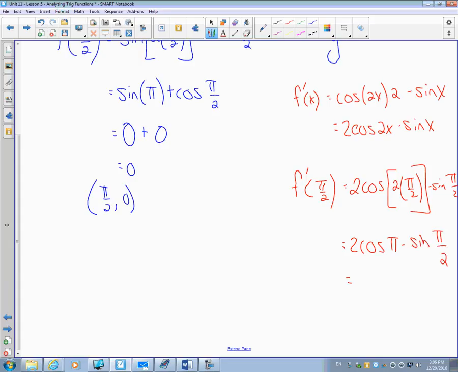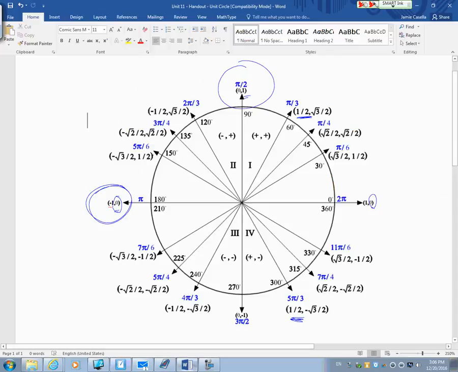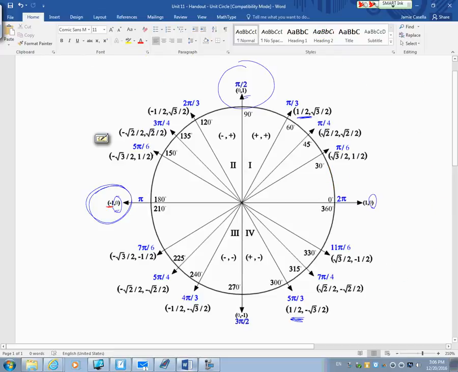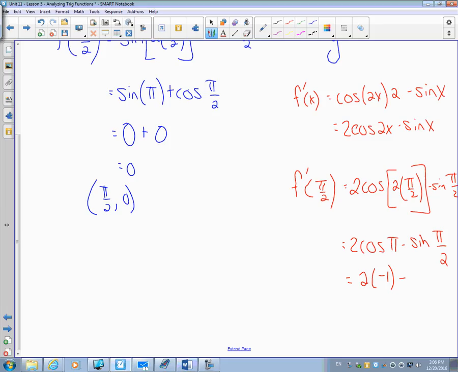Okay, what's the cos of pi? Unit circle. Cos of pi is the x part, so negative 1. So 2 times negative 1 minus the sine of pi over 2. That's the y part, so I need the 1 up there. So minus 1. What's that give us? That gives us negative 3.